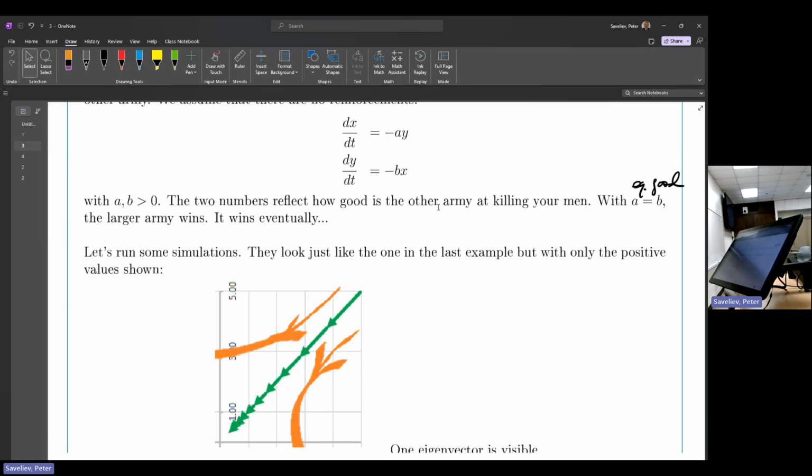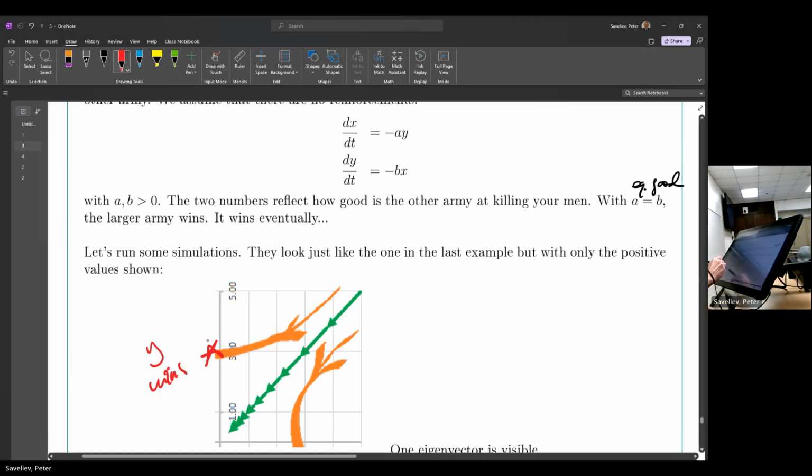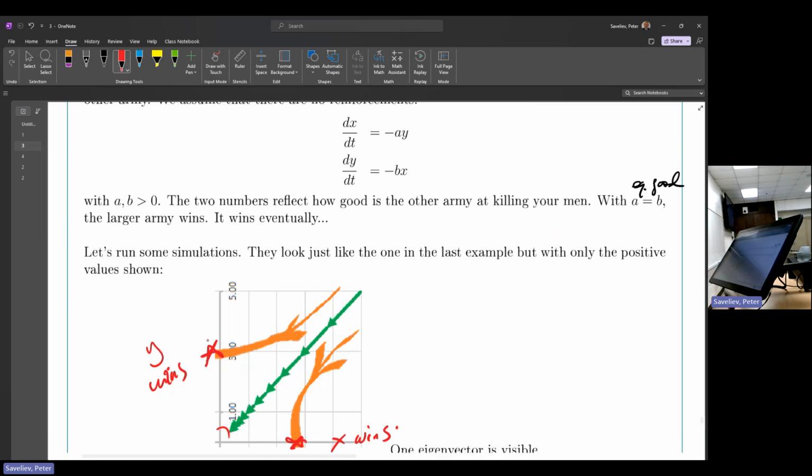Both populations are decreasing in size. But nonetheless, where are the victories? This is victory for Y. This is Y wins, and over here X wins. Do not assume that these are going towards zero necessarily, but that's actually the way it works out.